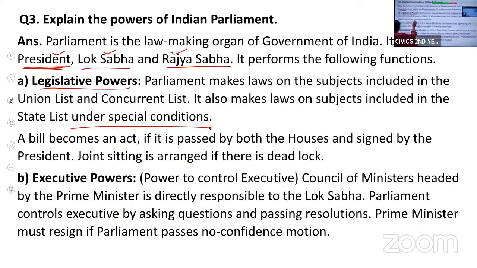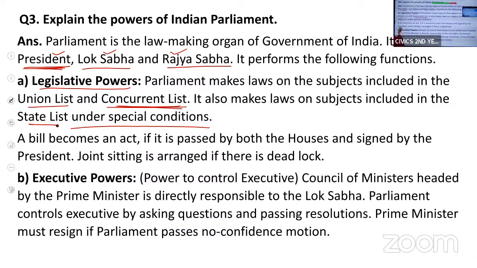And both Parliament and the state legislature have the power to make laws on the subjects included in the concurrent list. I hope I am clear with the legislative powers. Under legislative powers, Parliament will make laws on the subjects included in the Union list and concurrent list. But under special conditions, it will make laws on the subjects included in the state list.